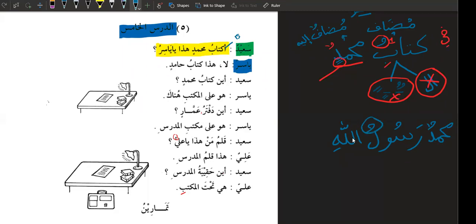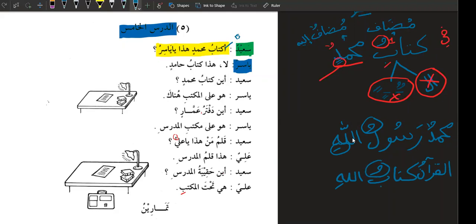Muhammadun Rasulullahi. Also we have, for example, Al-Qur'anu Kitabullahi.